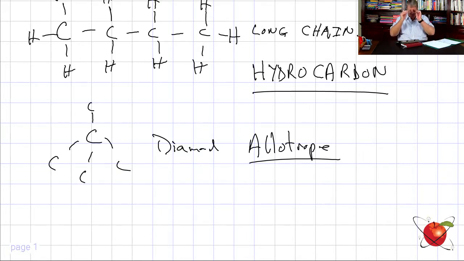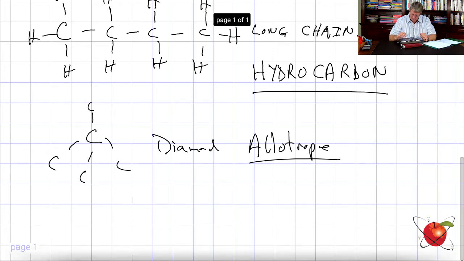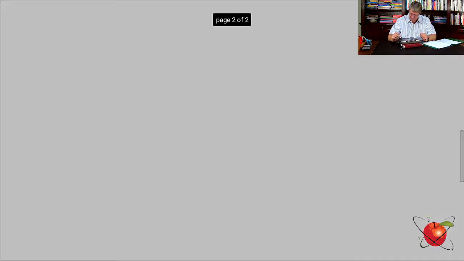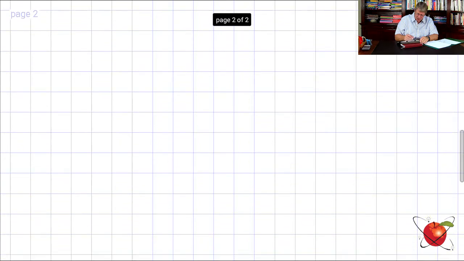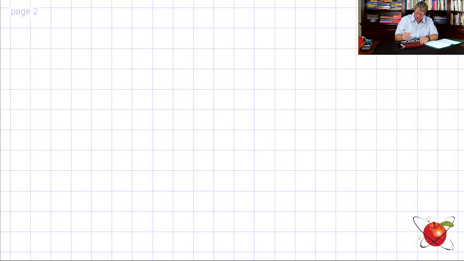But now we've got carbon as a large chain, and we've got carbon bonded to itself 4 times. But now what about in between? Carbon can actually do this as well. Carbon's got 4 stalks. It could also do that. There's still 4, electron there, electron there.